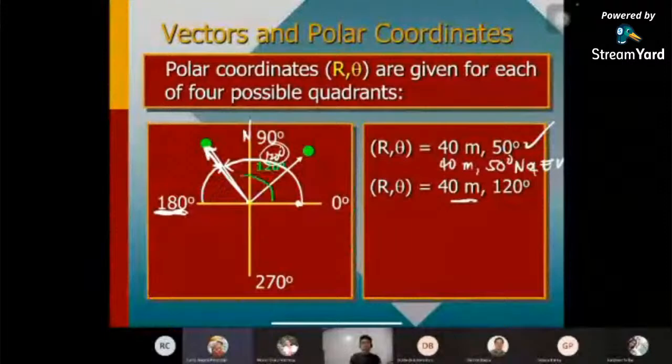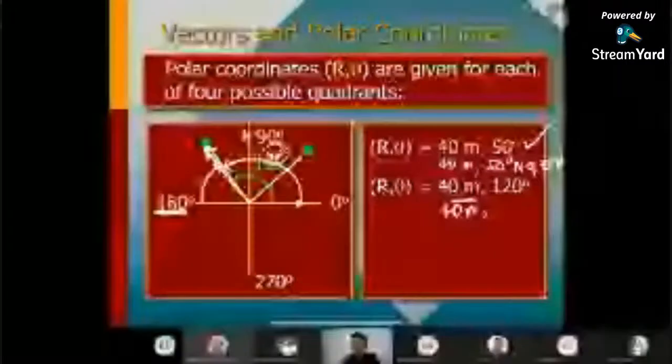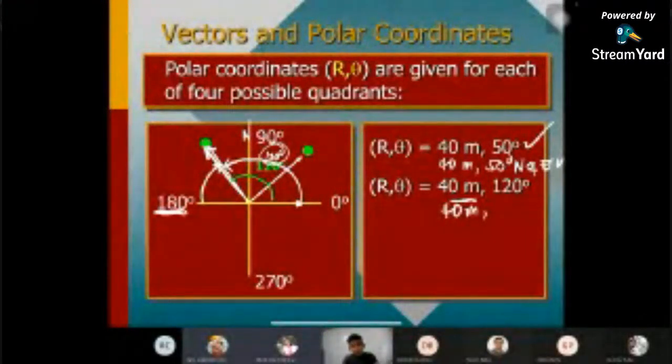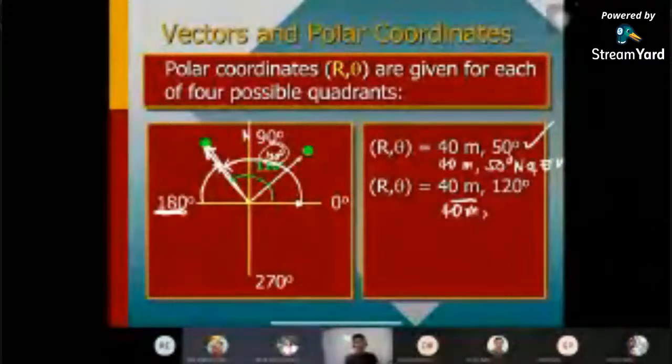So, yun siya. Now, sino mga convert nito into directional tayo? Anyone? 230. Mariel, ha? Ano ang directional version nito, Mariel? 230.